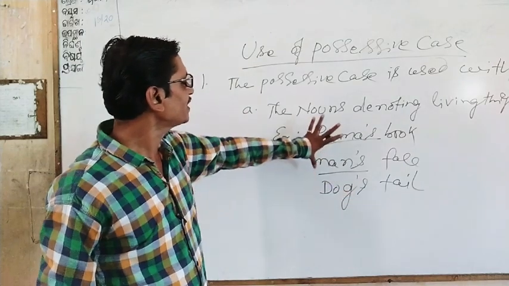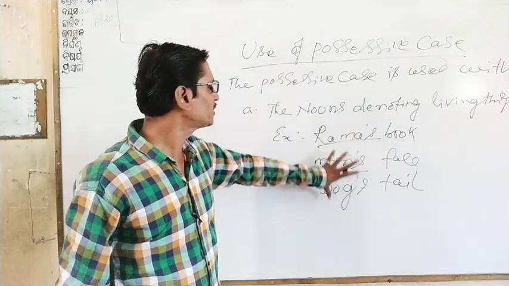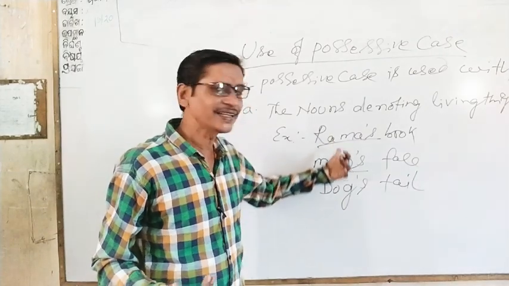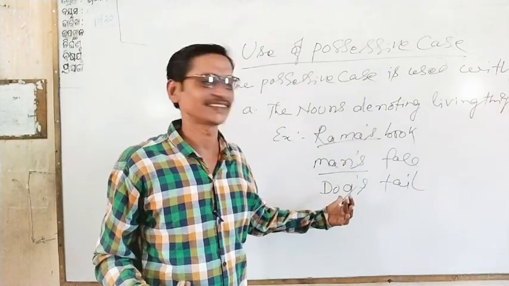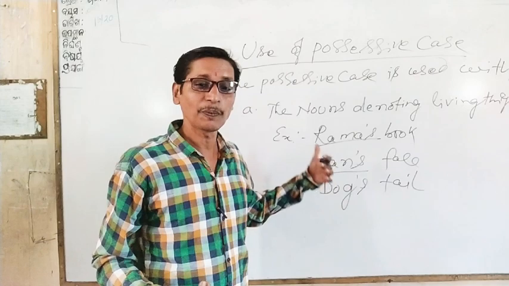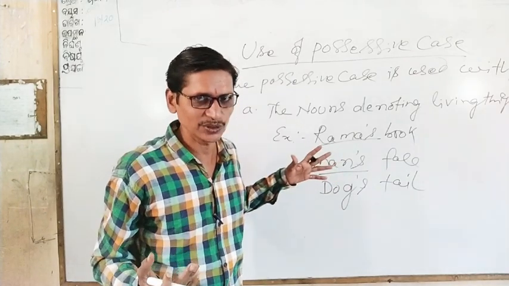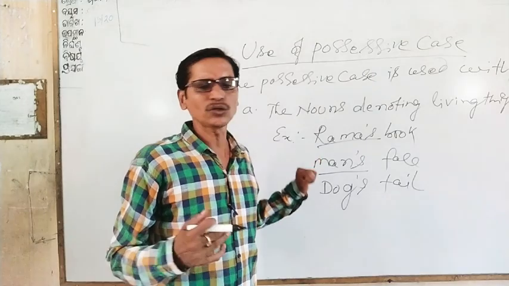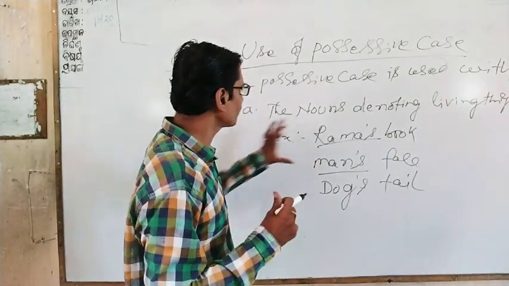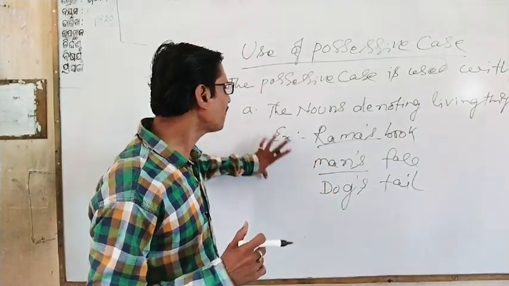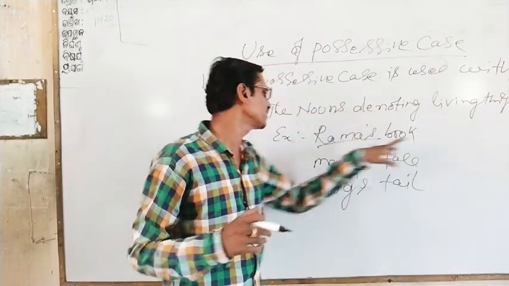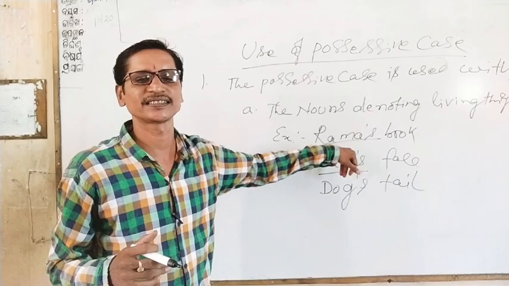So these are the nouns which we have made possessive because they are living things. For non-living things, we cannot use the possessive case of the noun. So, you understood? This is the first reason: the nouns denoting living things take the possessive case.